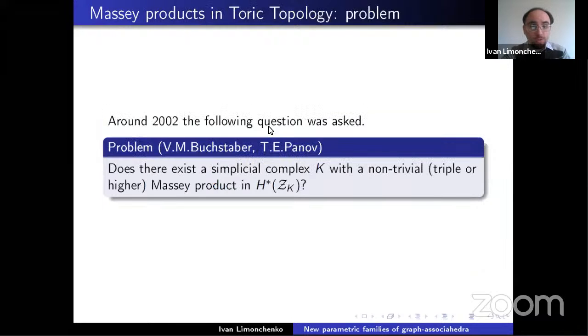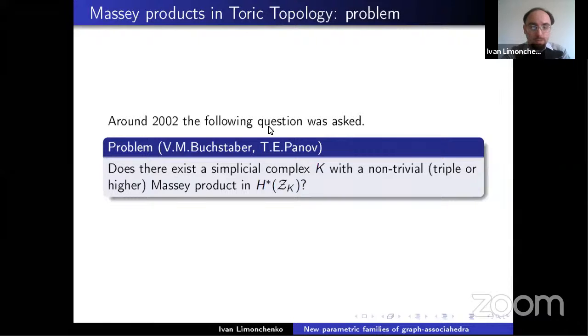And around 2002, the following question was asked. Buchstaber and Panov asked: does there exist a simplicial complex with a non-trivial triple or higher Massey product in cohomology? I mentioned Baskakov, and he was the first to obtain an example of a non-trivial triple Massey product.